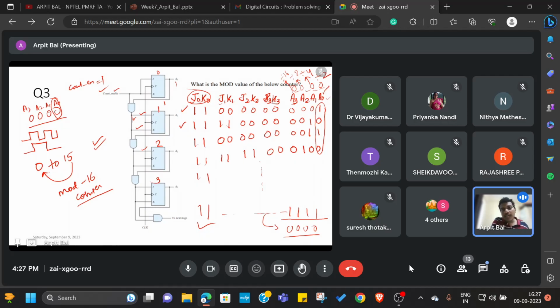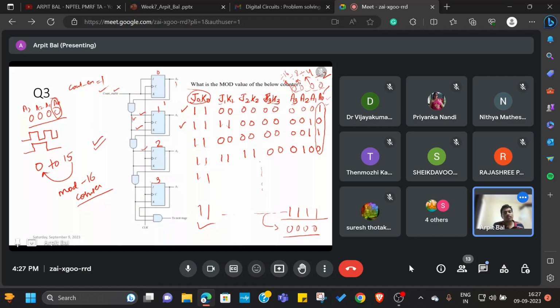Then we made another interesting observation here, that the lowermost bit in the flip-flop in the counter toggles at each clock edge, right? And as we move from the least significant bit to the most significant bit, the frequency starts getting divided by 2.